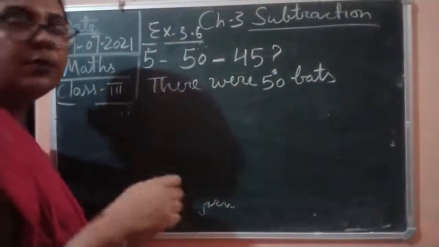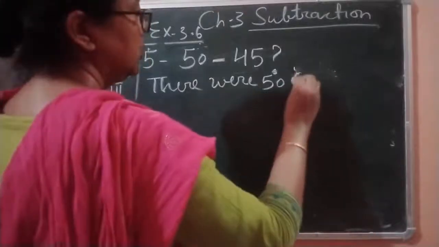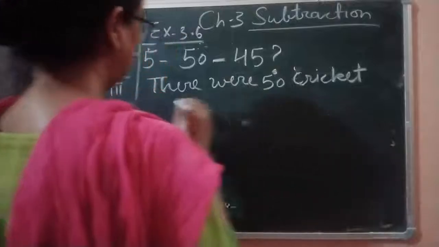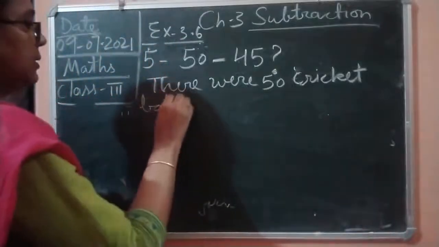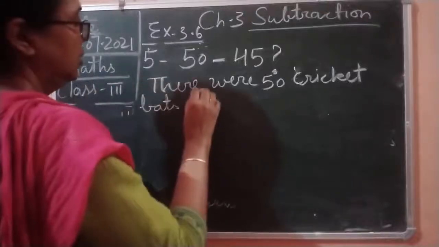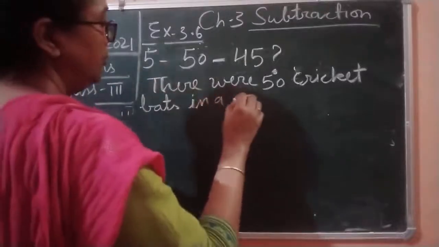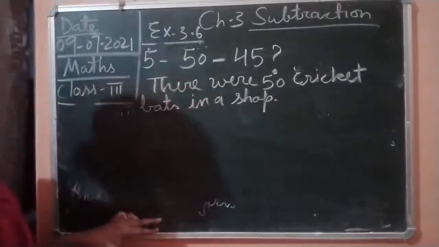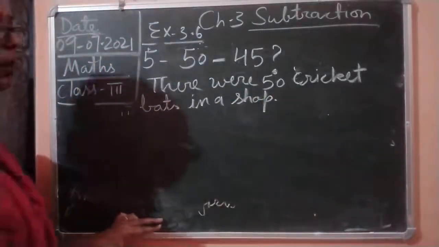Bats, cricket bat you can write. It is quite easy for you to understand which type of bat. There are 50 bats in a shop. In a shop.